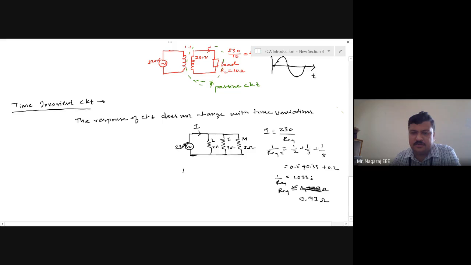I is equal to 230 divided by 0.97, which is nearly 231, 232 only.